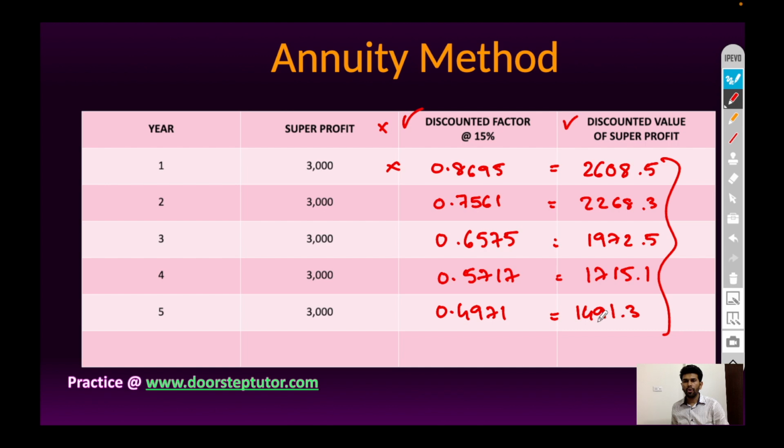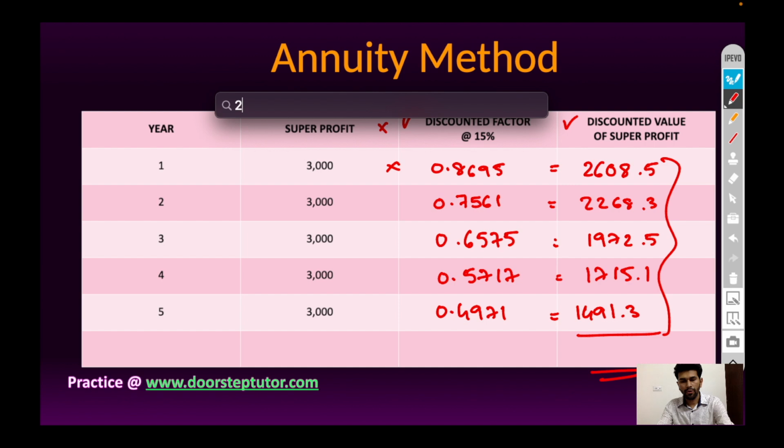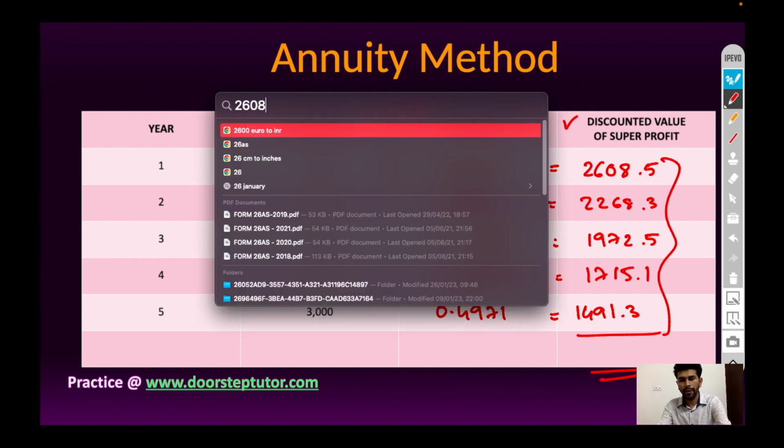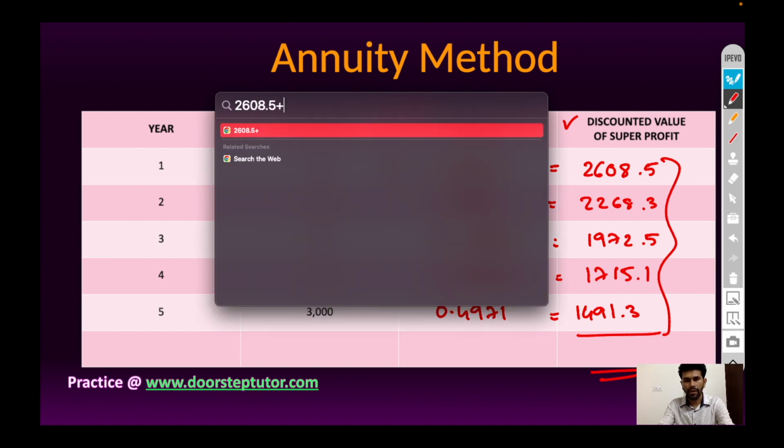Now total of discounted value is equal to 2608.5 plus 2268.3 plus 1972.5 plus 1715.1 plus 1491.3.